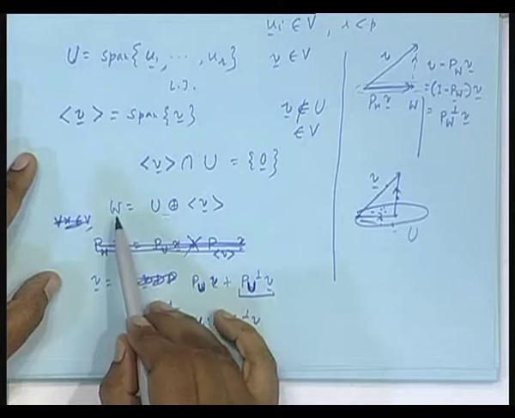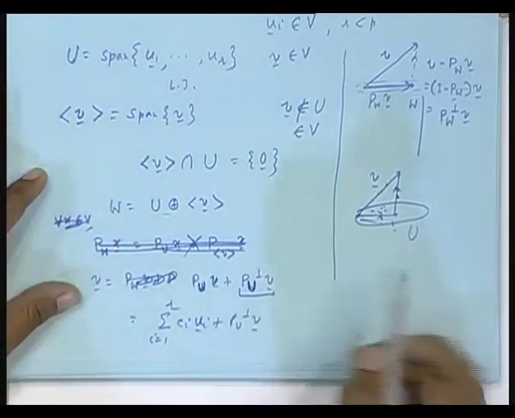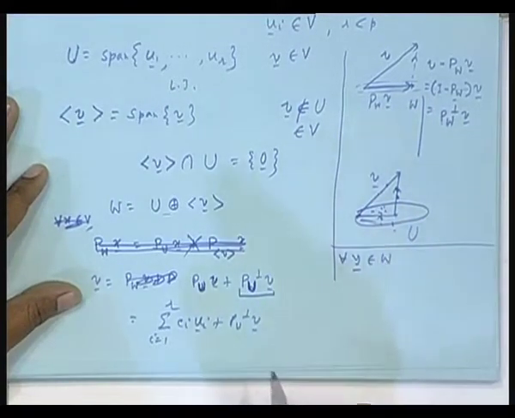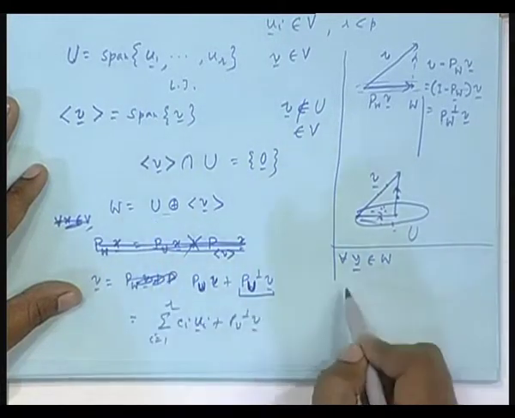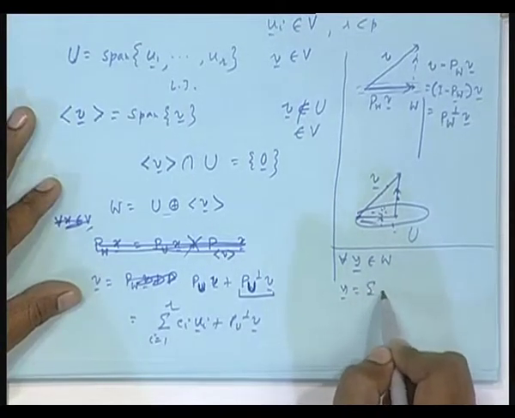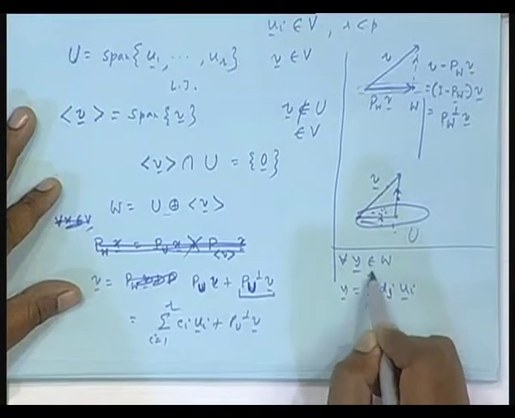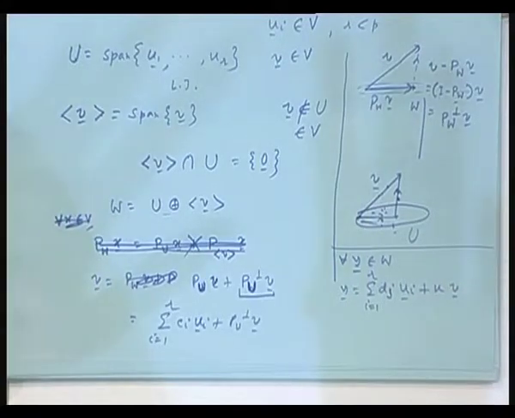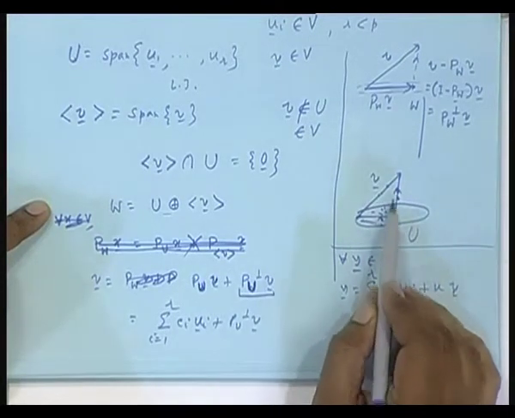That means, if you consider any vector in W, please see, I am not writing everything here, I want you to hear it out, because that will be too much writing. So, for any y element of W, y is a linear combination, some coefficients d i times u i, i equal to 1 to r, plus some constant, say k, times v, isn't it? It is a linear combination, but this v can again be broken like this, one component here, another component here.